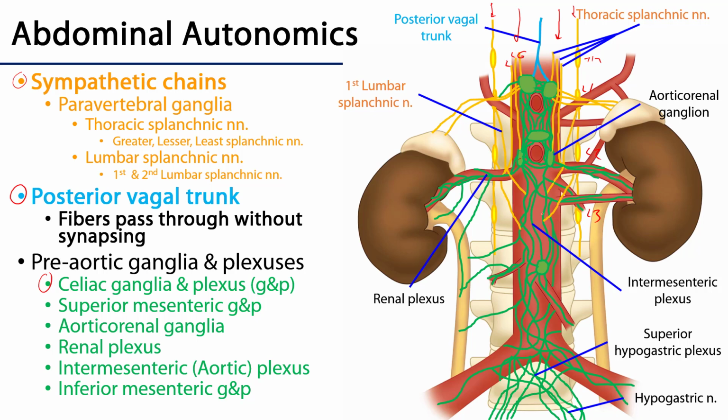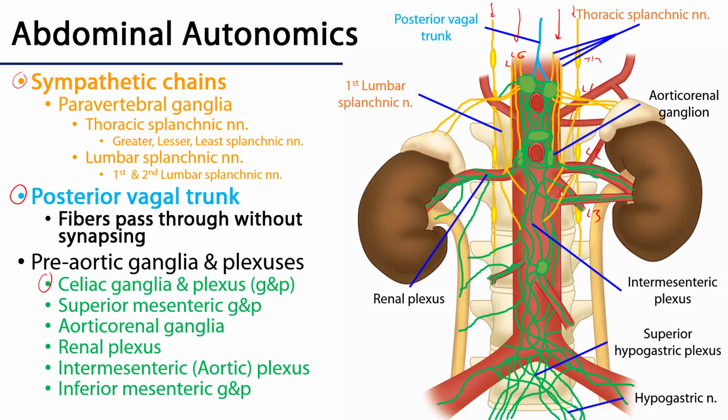And these lumbar ganglia can also have splanchnic nerves, so fibers that are moving out from the ganglia to serve viscera, typically by means of perivascular plexuses, as we'll see. And we can see here, there are L1 and L2 splanchnic nerves in play. So that's the sympathetic side.